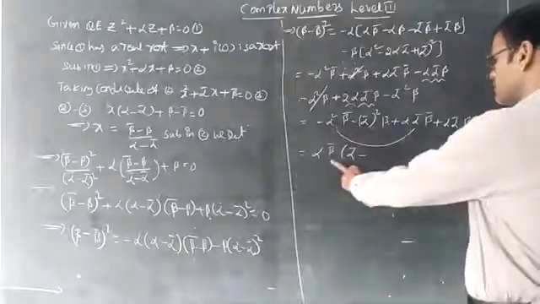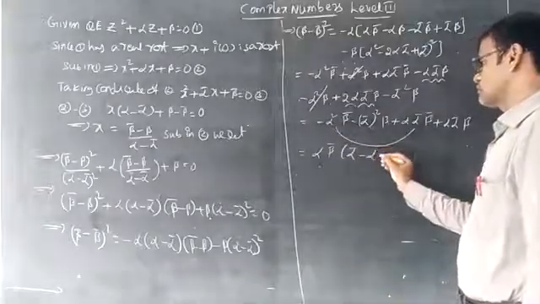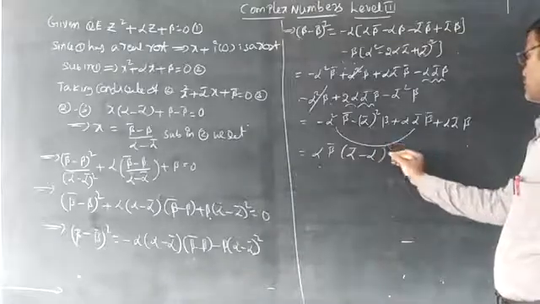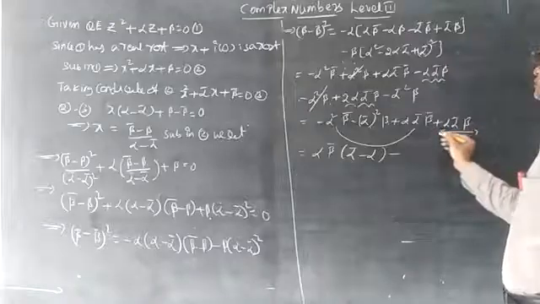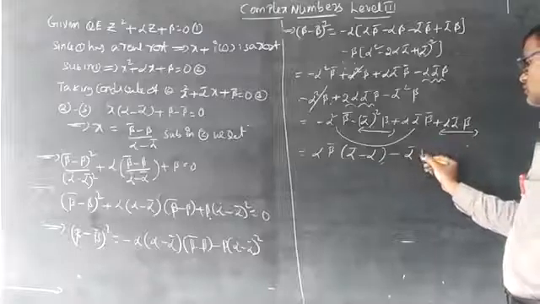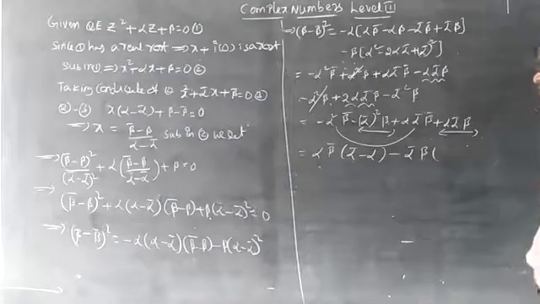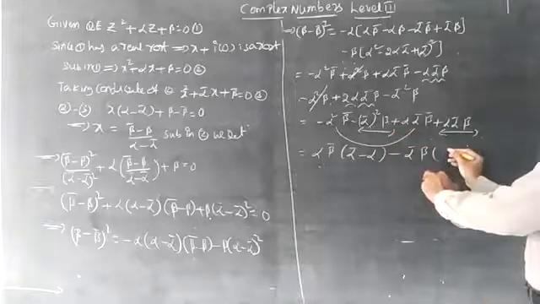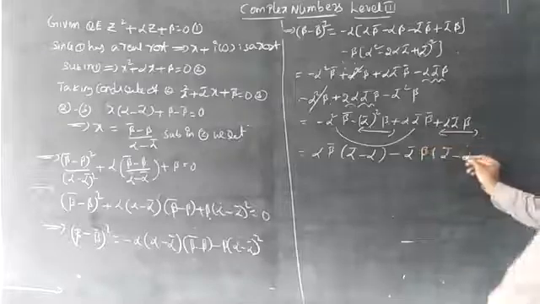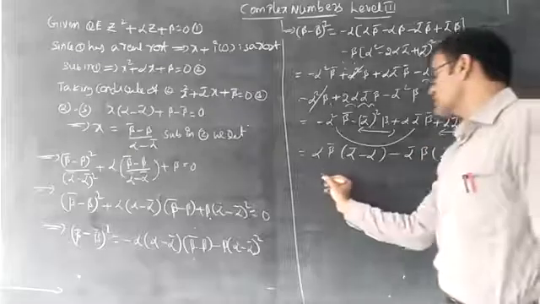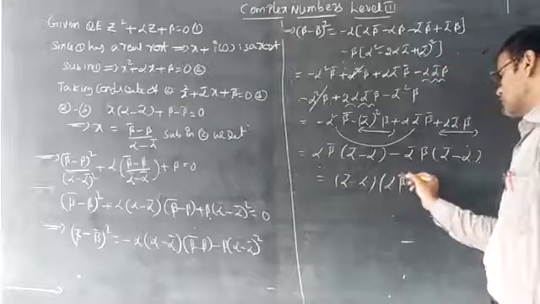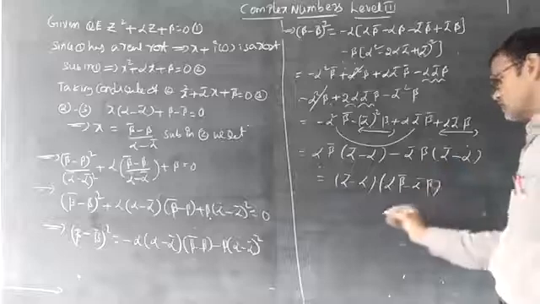Next, between these two terms, take common alpha bar beta; with minus alpha bar beta, this is alpha bar and this is alpha. So once again you can take common alpha bar minus alpha into alpha beta bar minus alpha bar beta.